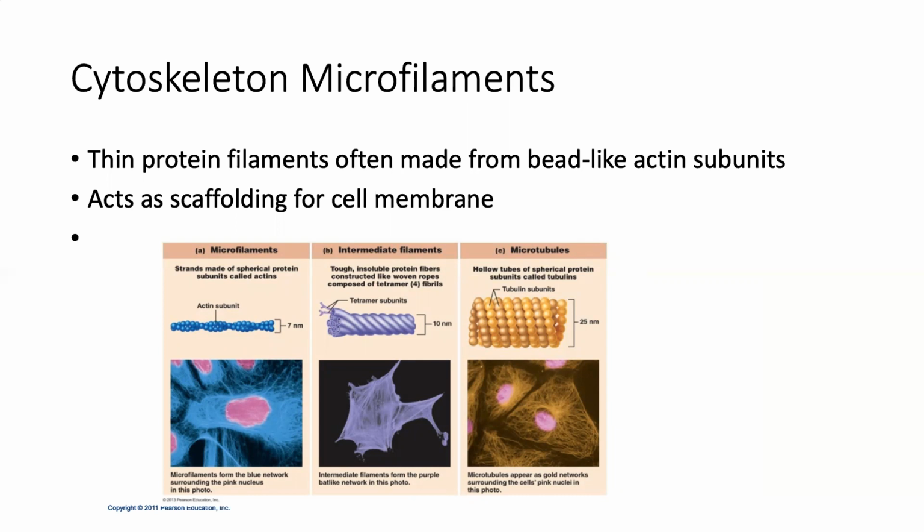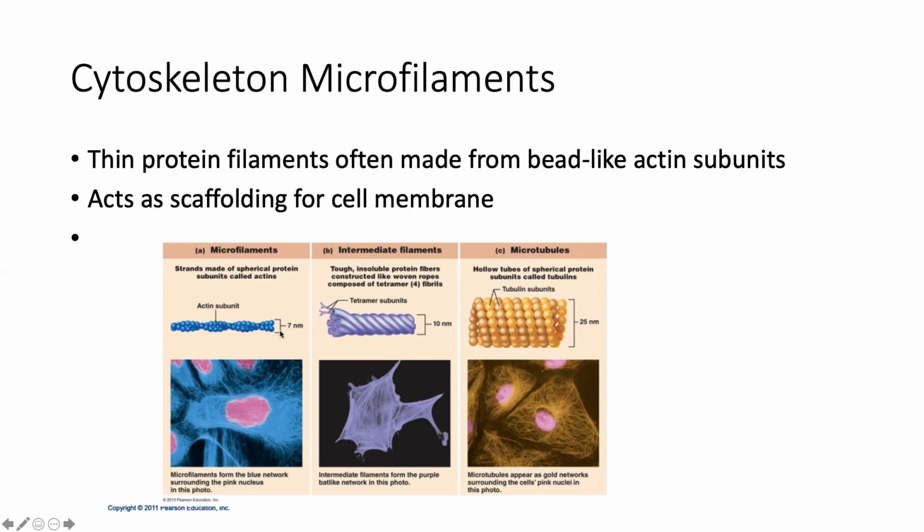And they are the functional proteins responsible for the maintenance of the shape of the cell, depending on internal or external pressure. So there are three types: microfilaments, intermediate filaments, and microtubules.